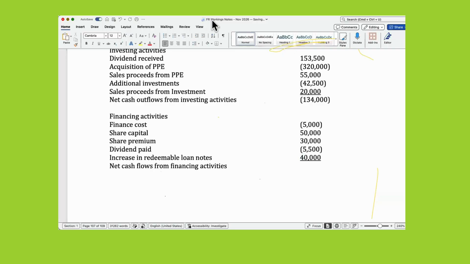How much is that? 109,500. Is it outflow or inflow? Inflow. Okay.